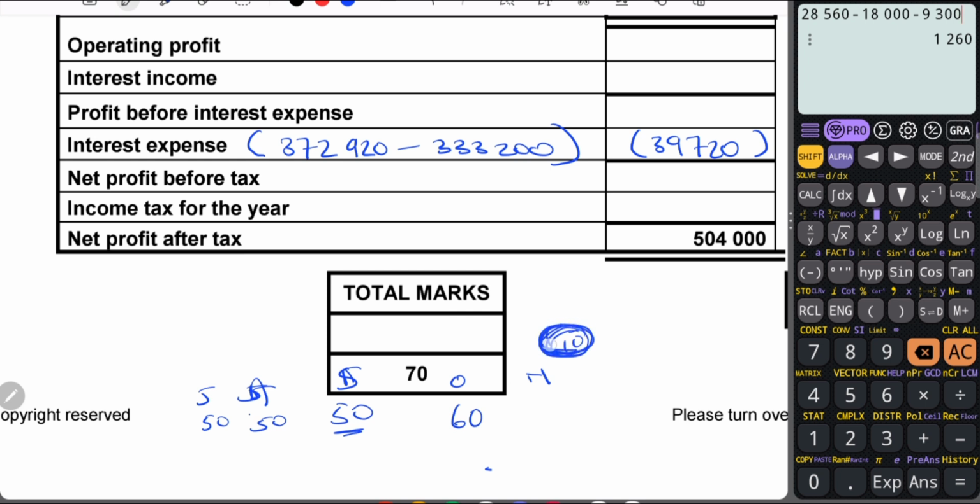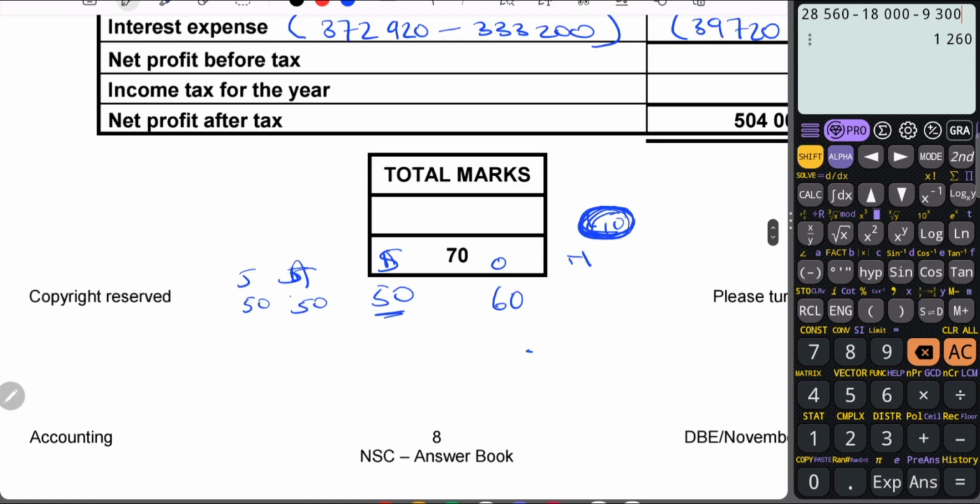This extra 10 rand was not for the rent, but it was for the repairs and the maintenance.